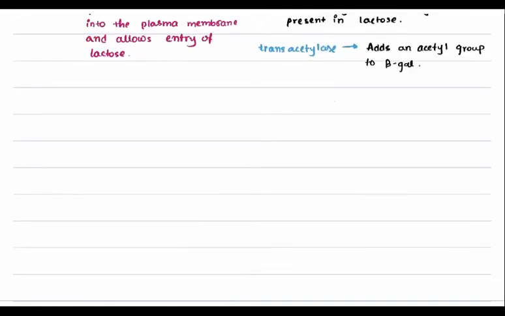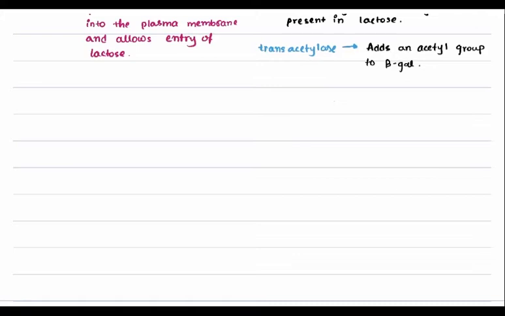Alright, so now let's take some conditions and understand the regulation of the lac operon. The metabolism of lactose is only necessary when lactose is present in the medium, and the bacteria needs to use the lactose as a carbon source.